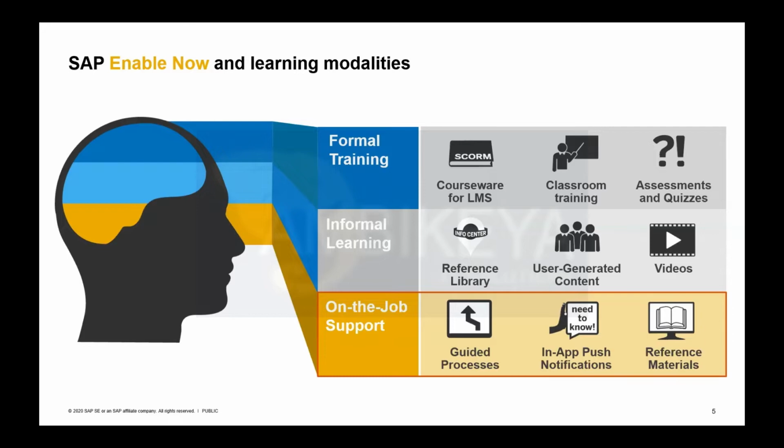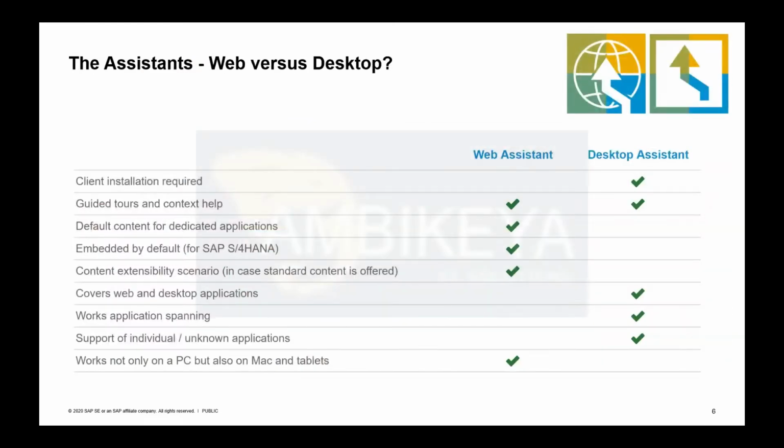This is the context-sensitive area where things become most important. The desktop versus web assistant discussion, again, is a slide that we all have seen already, but just to wrap it up and bring the whole thing into context, what is the big difference?